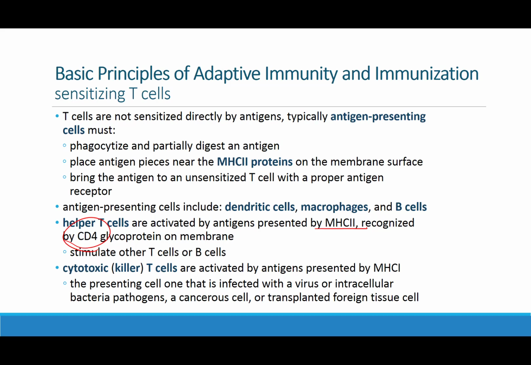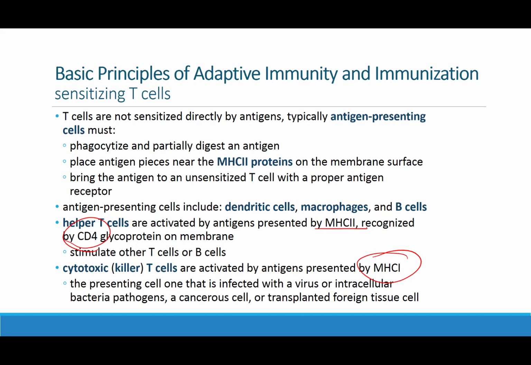Cytotoxic or killer T cells are activated by antigen-presenting cells when the antigen is presented not at the MHC2 proteins, but by a related complex called the MHC1. In this case, the presenting cell is usually one that has been infected by a virus or that is bearing some kind of intracellular bacterial pathogen.